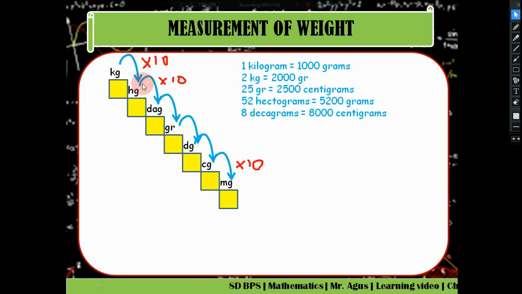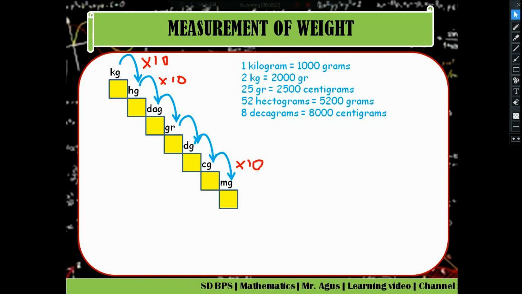So you have to multiply 1 kilogram by 10 and by 10 and by 10, or you can say multiply 1 kilogram by 1000. So you got 1000 grams. If you know 1 kilogram equals 1000 grams, then you will know 2 kilograms equal 2000 grams.